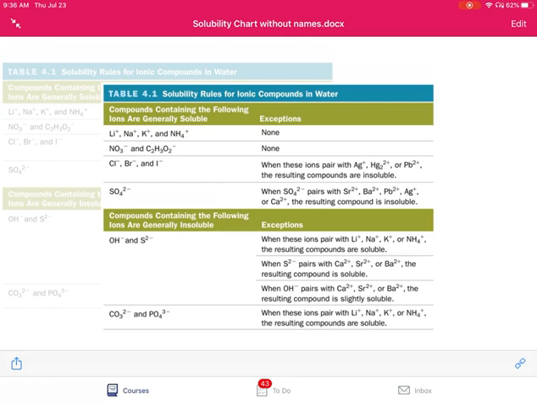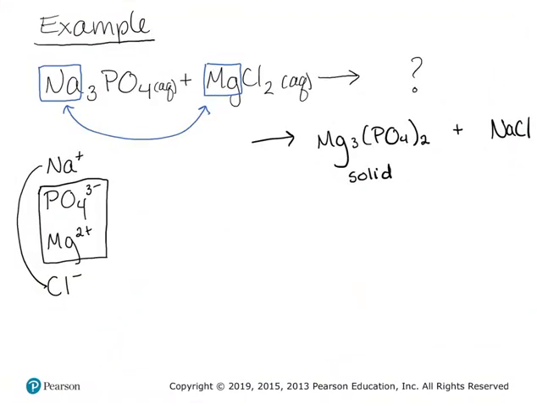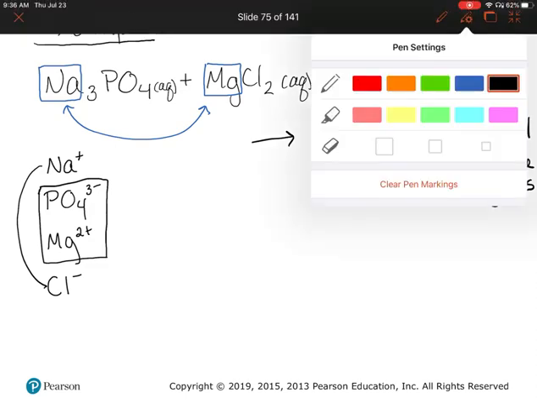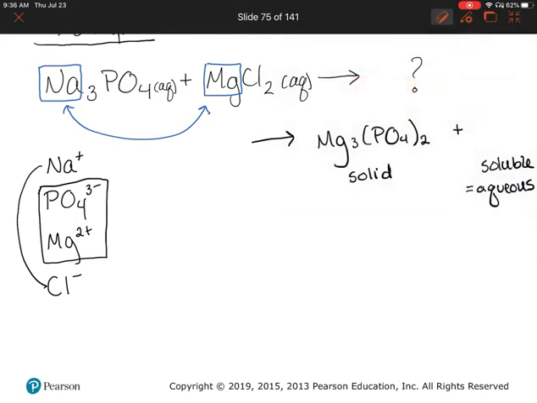And in this case, it's not. It's paired with sodium, so that would always be soluble. So because it's soluble, we're going to call it aqueous. Okay, so what we're going to do, let me make some room next to NaCl here.